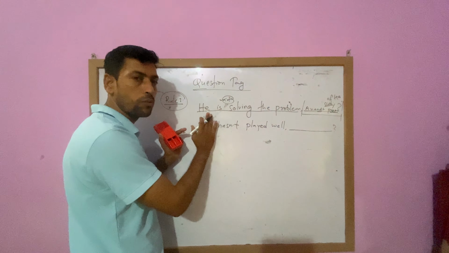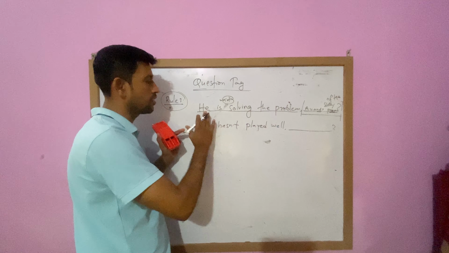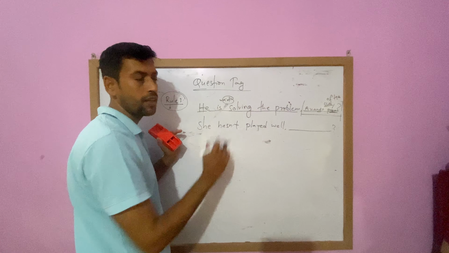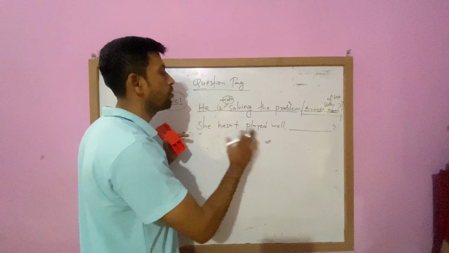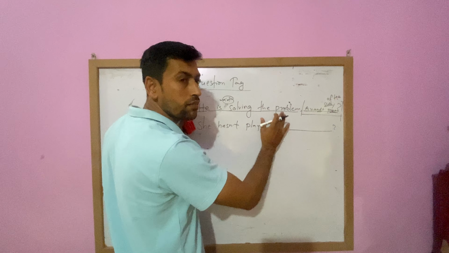We look at the subject. If the pronoun is given, then obviously we write it. If the pronoun is not given, then we need to write it in there. For example, to solve this problem: he is solving the problem, right?